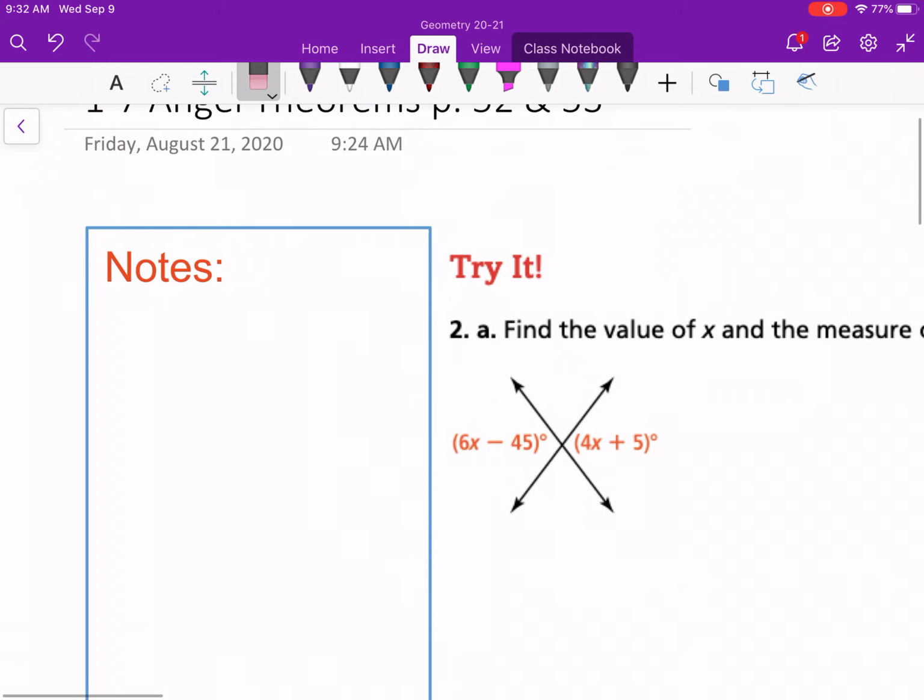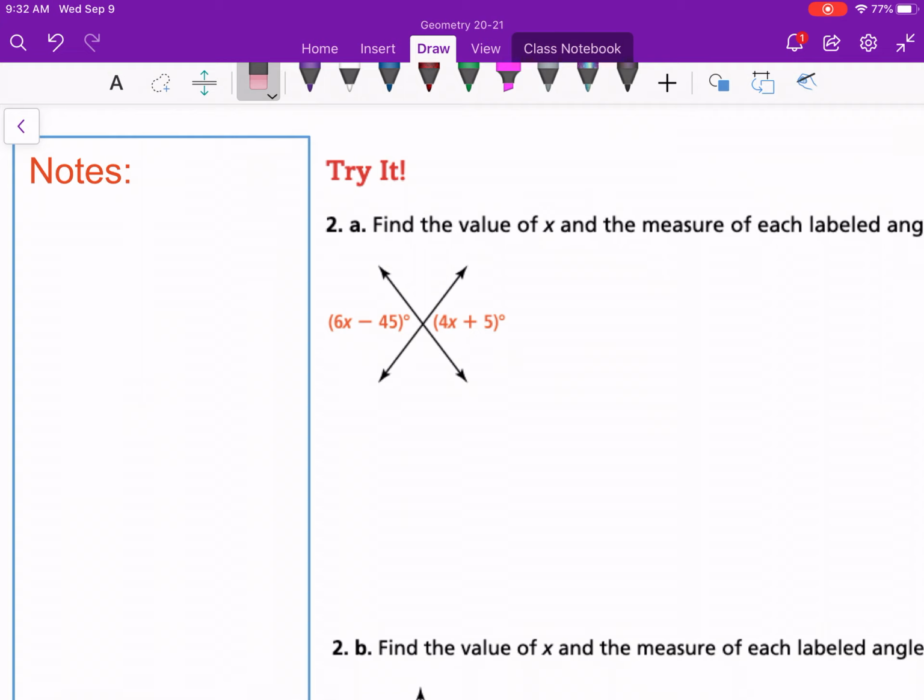So the first notes that I want us to go over are a couple of terms about angle pairs. We kind of touched on this in the last section, so I'm going to start here. We have two different types of angle pairs with names like complementary and supplementary.